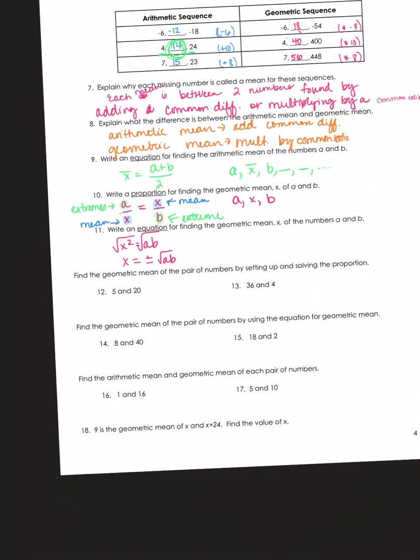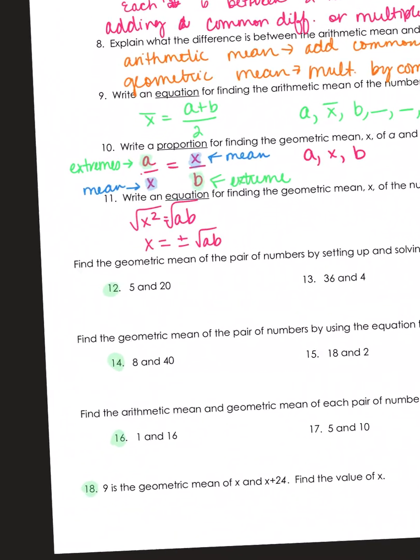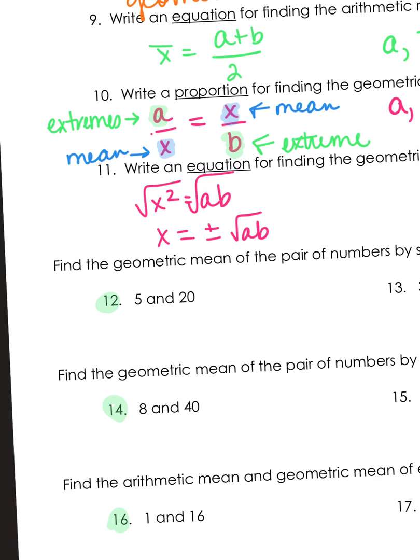So let's take a look at some of the examples. I am going to cover 12, 14, 16. I suggest that you do the odds. I will also do 18, okay? So in number 12, it asks us to solve for the geometric mean using a proportion. So we're going to set up a proportion. If x is the geometric mean, it goes in the means position.